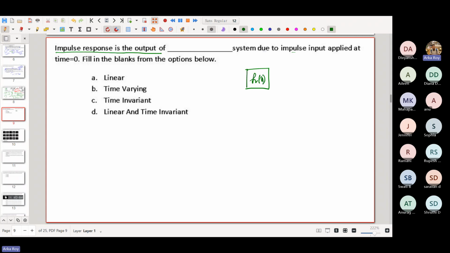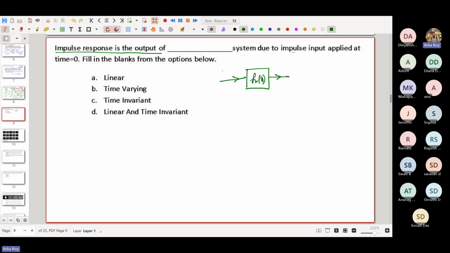which is characterized by, let's say, h of n, which is an impulse response. Over here I'm considering digital signal processing, I'm not going into the analog signal based representation. In many cases you will see that I will be using only the discrete time representations.